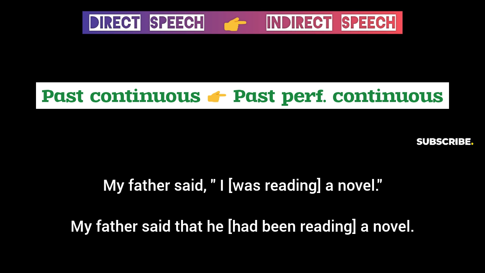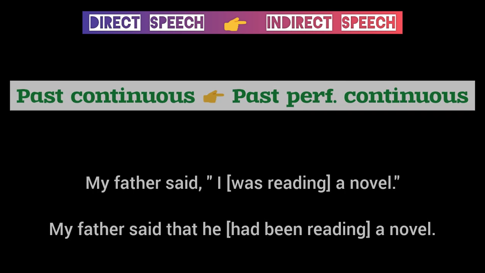Here in the direct speech, the reported verb was reading is in the past continuous tense. So in the indirect narration, we will convert it to the past perfect continuous tense. My father said that he had been reading a novel. Here in the indirect narration, the reported verb had been reading is in the past perfect continuous tense.